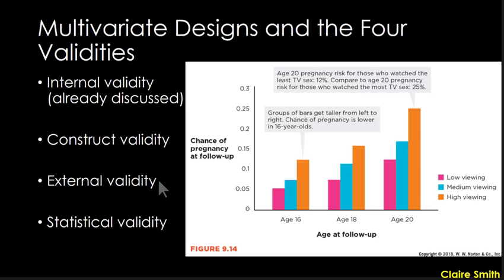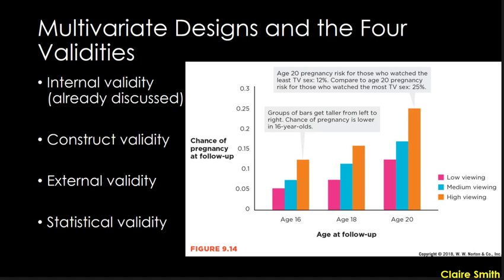And remember, if you don't have external validity, that doesn't mean your study should just be thrown out. You can still publish that study. The information is still useful, but you might have to do a follow-up study later on with different samples of people to get your findings to generalize to more people.